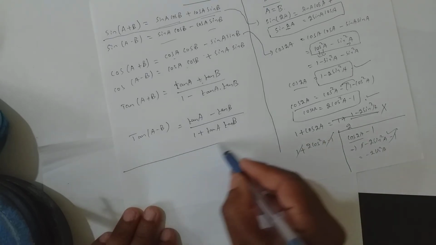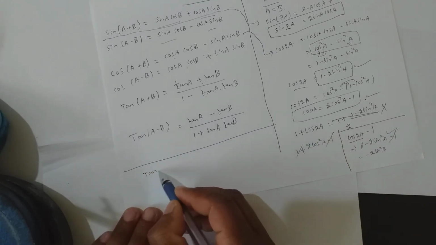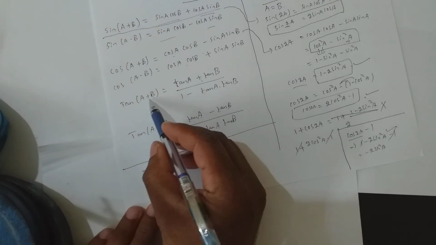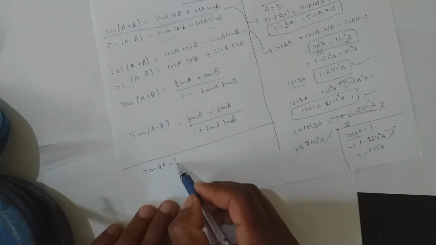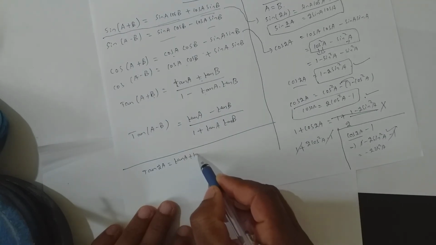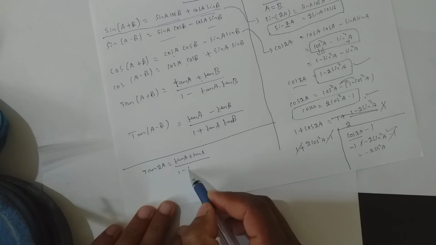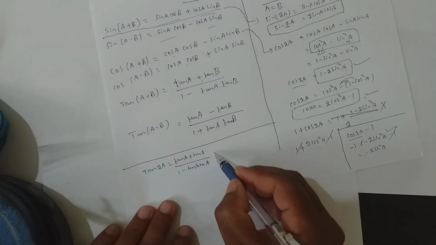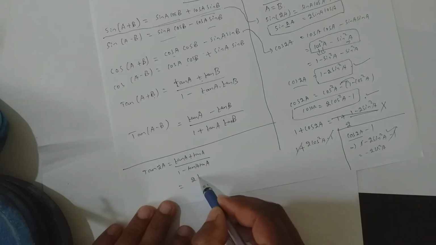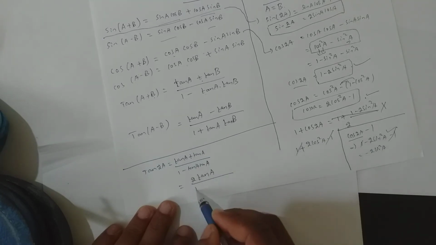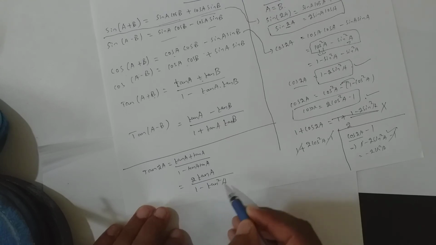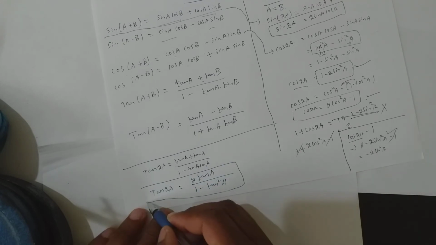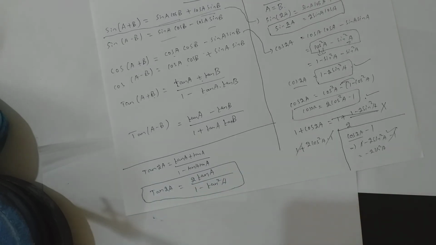The next one is tan 2A. Again, the tan 2A formula is derived the same way. In place of B I will put A. So I get tan A plus tan A over 1 minus tan A into tan A, which will result in 2 tan A over 1 minus tan square A. This is the tan 2A formula.